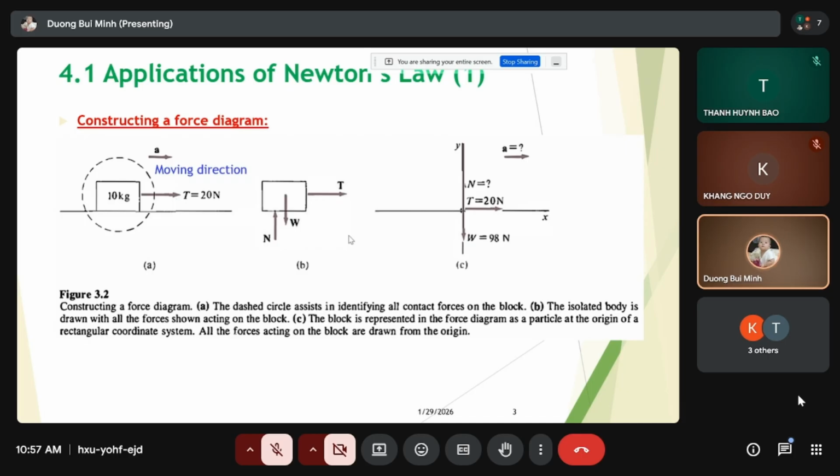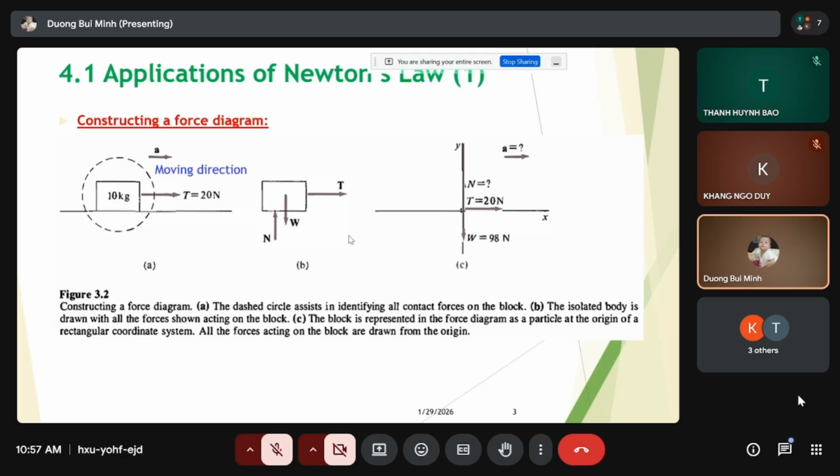Again and again, for any system you need to predict, you need to estimate the moving direction, because the acceleration vector will be parallel with the moving direction. This is the key point.